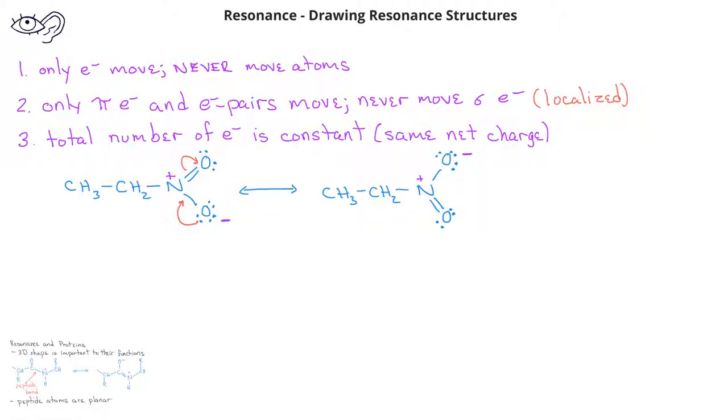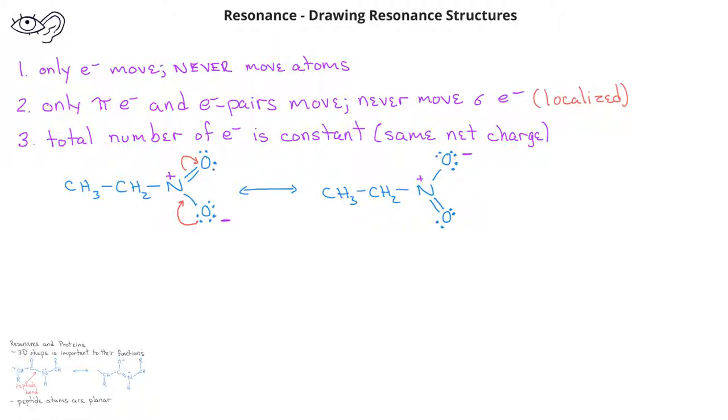When we draw an alternate resonance form, we still have a positive charge on the nitrogen, but now the negative charge is on the other oxygen atom. In both of these resonance forms, the overall structure is neutral because we have one positive charge and one negative charge.